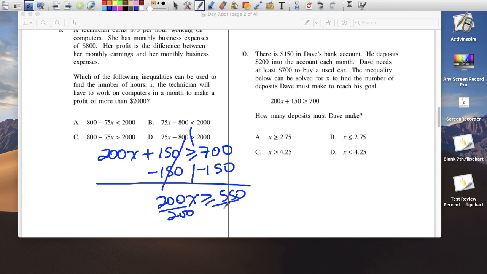Divide by 200, divide by 200, x is greater or equal to 2.75, sorry. And we have something that looks like that. So obviously you can't do 2.75 deposits, so he'll end up making at least 3 deposits to reach that goal.